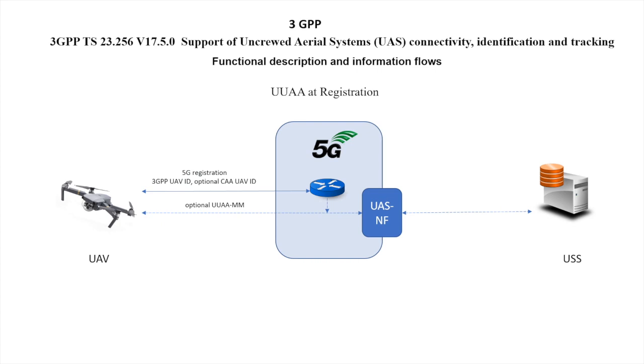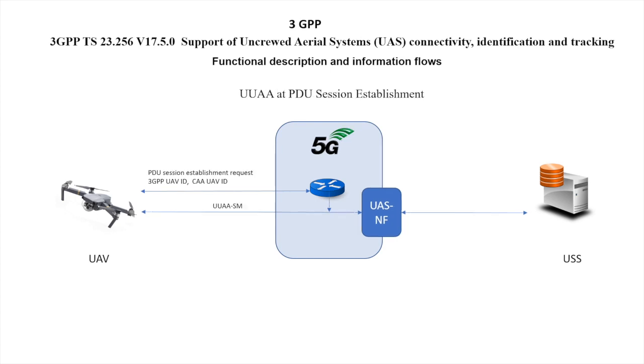To register a UAV in 5G, the UAV must pass the 3GPP UAV ID and an optional drone remote ID. If policy requires authentication and authorization of the UAV in USS during registration, 5G will run the UUAA-MM procedure to exchange authentication authorization messages between UAV and USS.